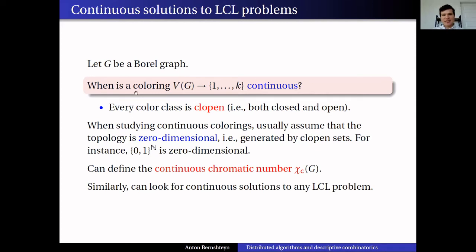In other words, instead of asking for a coloring to be Borel, so every color class is Borel, you can ask for it to be continuous, which just means that every color class should be open, but because there are finitely many of them, it also means that it should be closed at the same time, because it's the complement of the rest of the color classes. So saying that the coloring or labeling of the vertices of your graph is continuous just means that every color class is simultaneously a closed and an open set, or clopen for short.